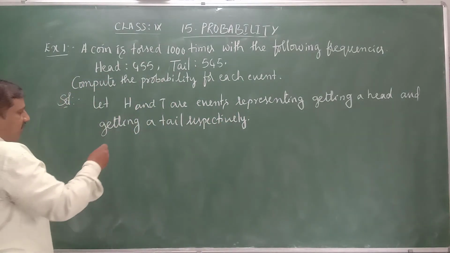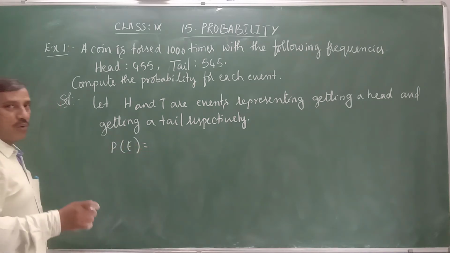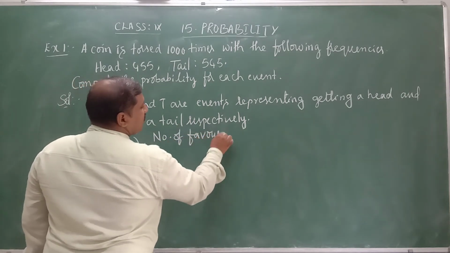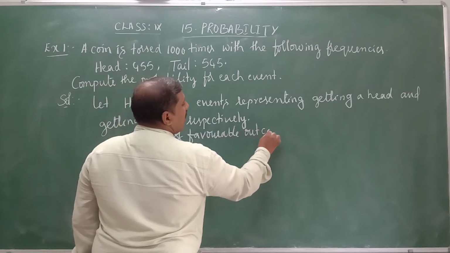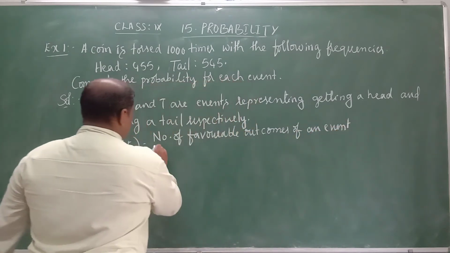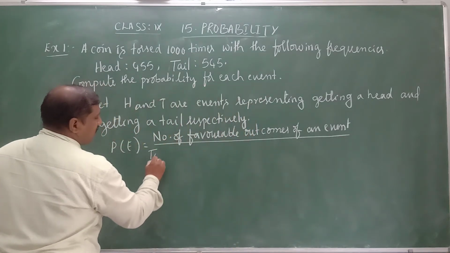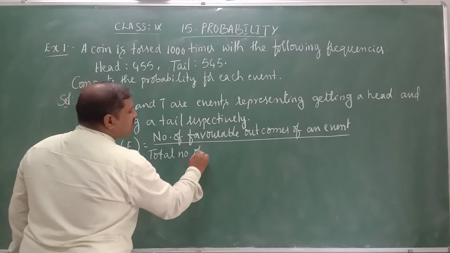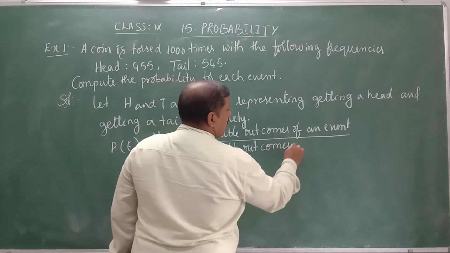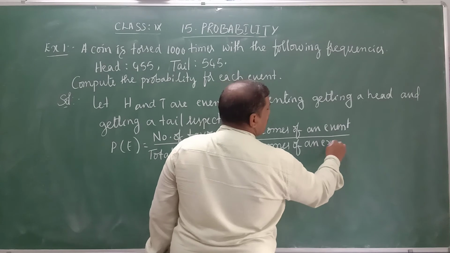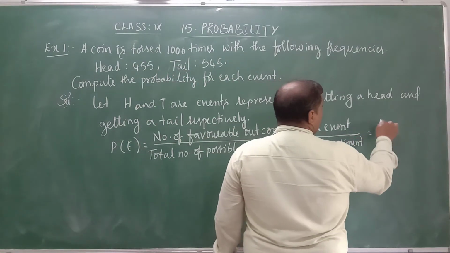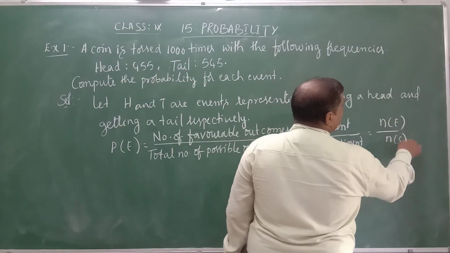Right, now what is the formula to find the probability of an event? P of E is equal to the number of favorable outcomes of an event divided by the total number of possible outcomes of an experiment, that is symbolically n of E divided by n of S, where E stands for event.